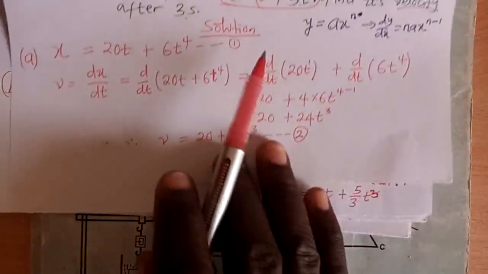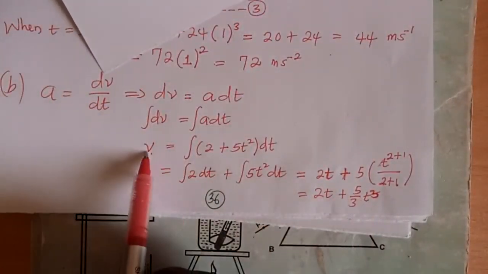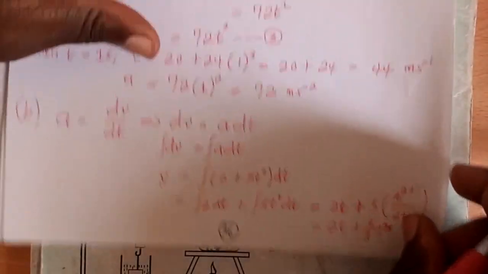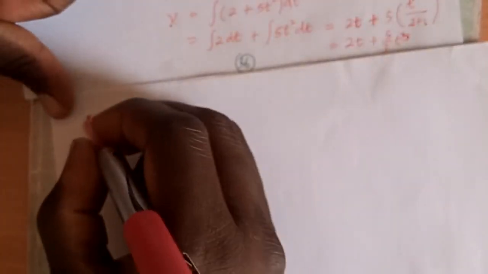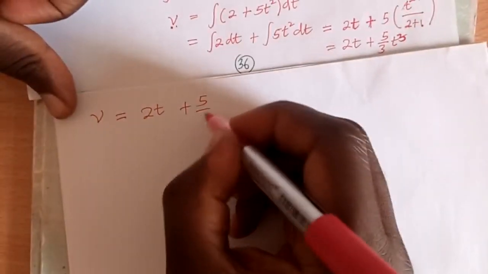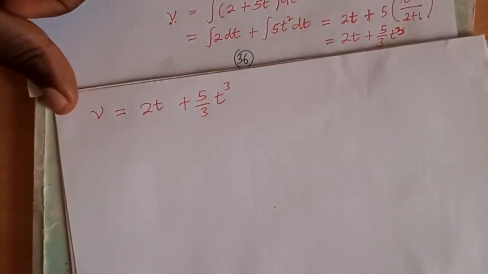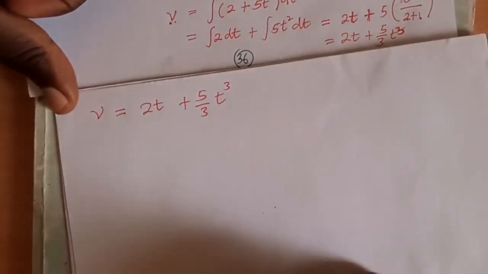So after 3 seconds, you just put 3 here for t and get your velocity after 3 seconds. So let us rewrite the expression for v: v is equal to 2t plus 5 upon 3 t raised to the power of 3. So this is our formula for calculating v.